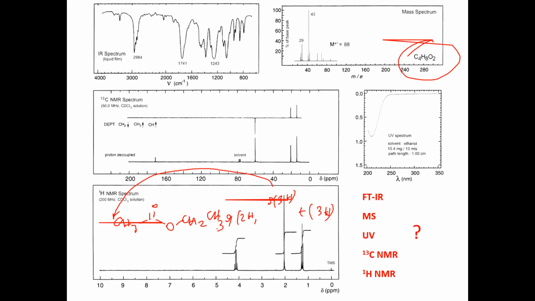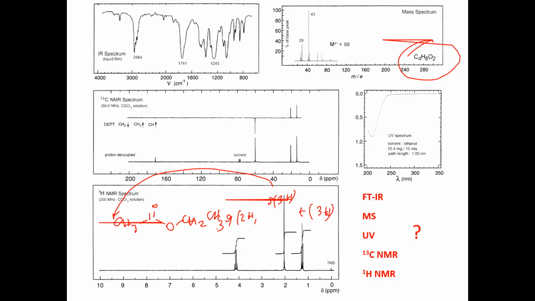Either 2 CH3s, or, if you don't know that this is the structure, it could be 1 CH and 1 CH3, or 2 CHs. 2 CH3 in this case might work: 1 CH3 here, 1 CH3 there. Then you see a quaternary, which is the carbonyl.